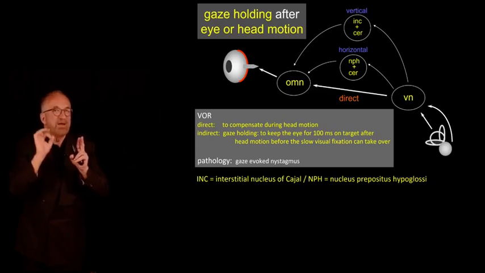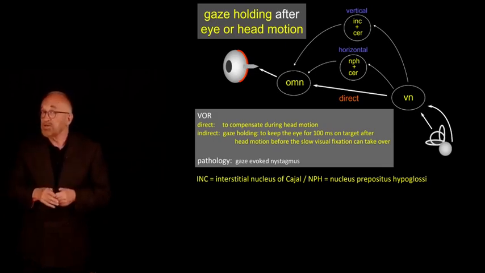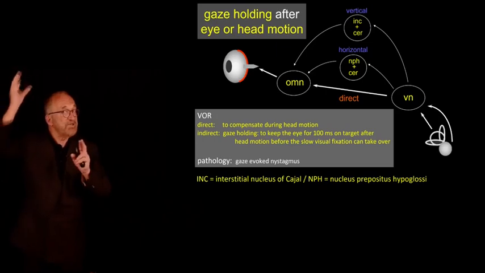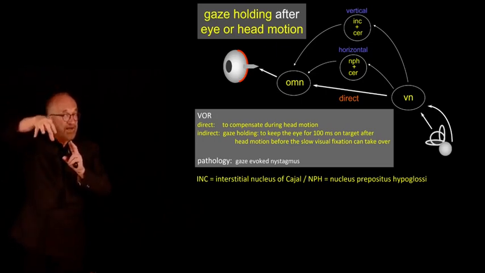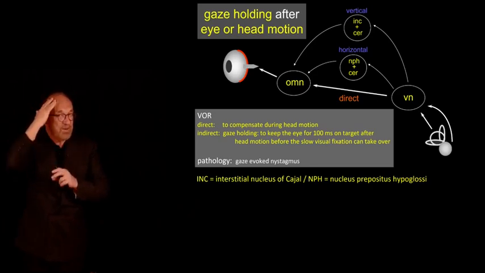And that memory holds the gaze for about 100 milliseconds. And that means that the visual system can take over. It's fast enough to do that. So what happens? I move my head, I stabilize the image because of the direct pathway. Now my visual system takes over thanks to the fact that my gaze is maintained for 100 milliseconds by the memories.